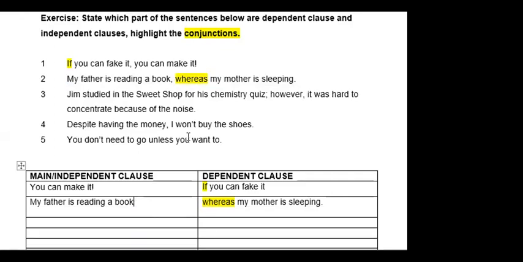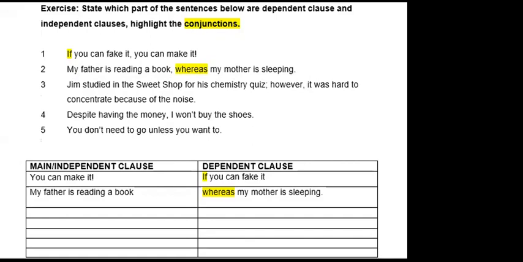Okay. Let's look at the next one. Jim studied in the sweet shop for his chemistry quiz. However, it was hard to concentrate because of the noise. Give me the conjunction in the sentence. Well done.